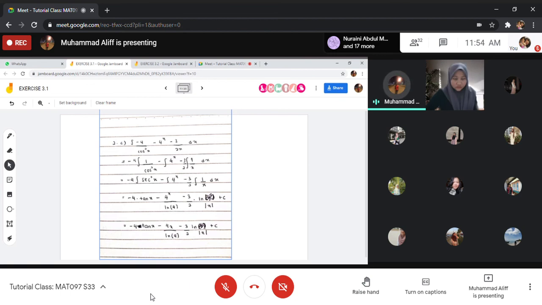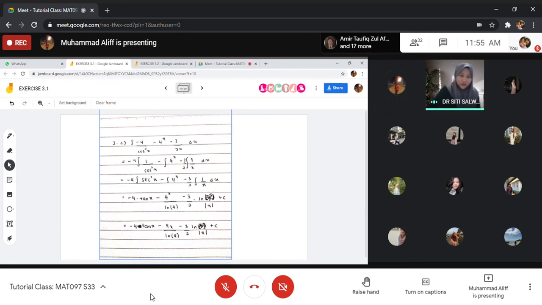Then I integrate each, so we get negative 4 times tan x, minus 4 to the power of x over ln 4 according to the formula. Then negative 3 over 2 times ln modulus x, also by the formula for 1 over x, plus c. Then the total, simplified, is negative 4 tan x, minus 4 to the power of x over ln 4, minus 3 over 2 ln modulus x, plus c.